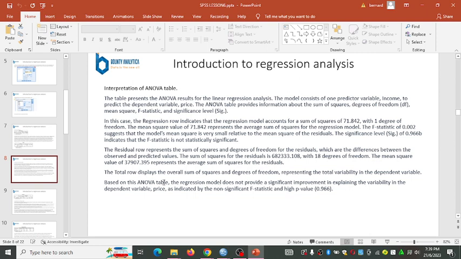Based on this ANOVA table, the regression model does not provide a significant improvement in explaining the variability in the dependent variable price. This is indicated by non-significant F statistics and a high p-value of 0.966.